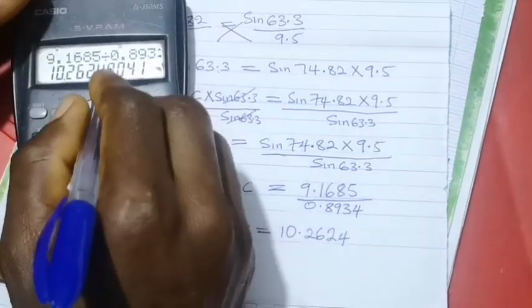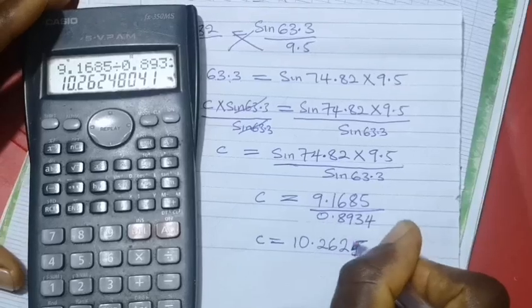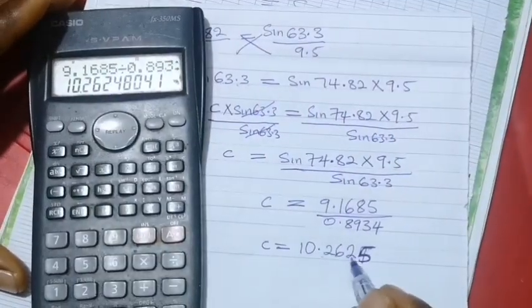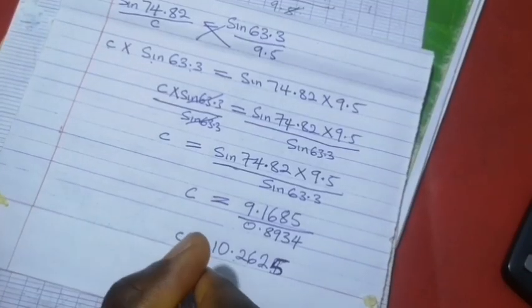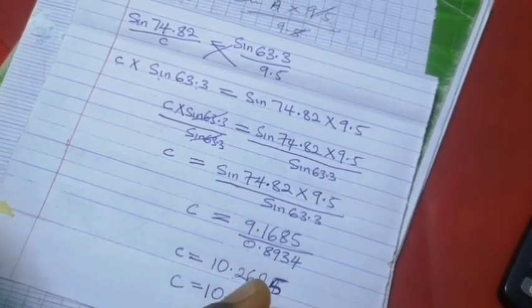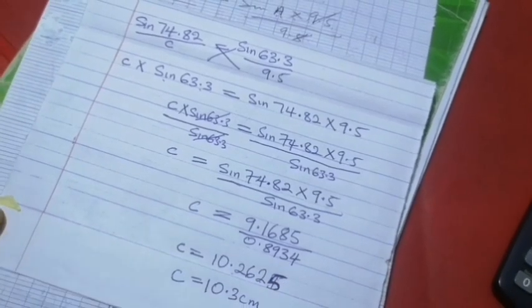Because of this 4 we'll take it, approximately, to become 10.2625. So C is equal to 10.3 cm to 1 decimal place.